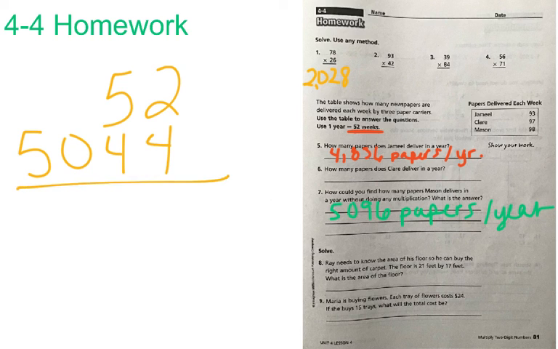And you have 4 plus 2 is equal to 6, 5 plus 4 is equal to 9, 0 plus nothing is 0, and 5 plus nothing is 5. So you get the same answer. And again, all you did there was add the 52 extra papers, one per week for 52 weeks, to Claire's total.